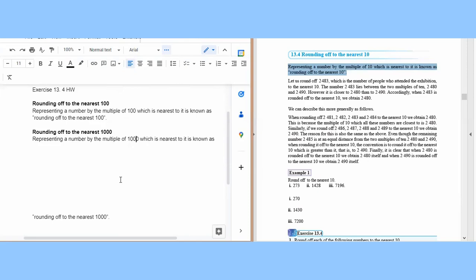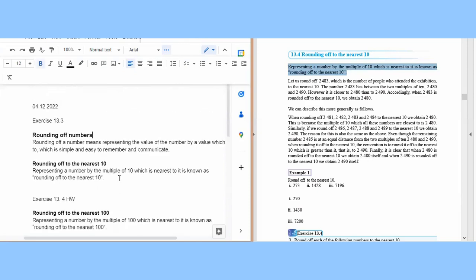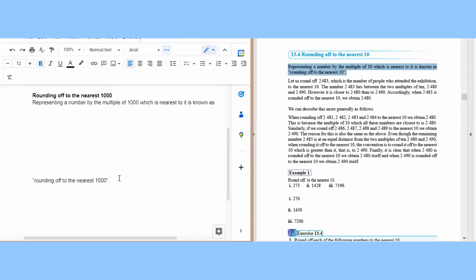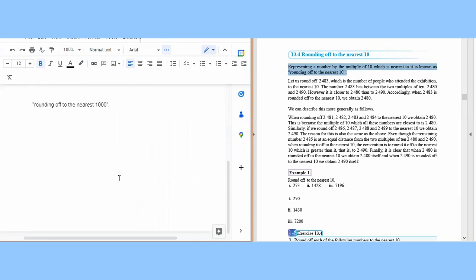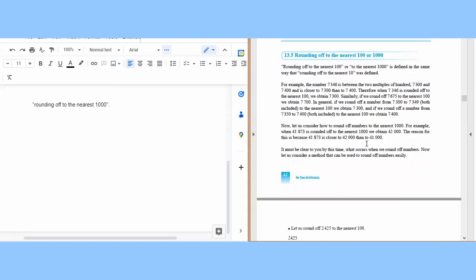Then for 1000, representing a number by a multiple of 1000, which is nearest to it, is known as rounding off to the nearest 1000. So both are similar to rounding off to the nearest 10.